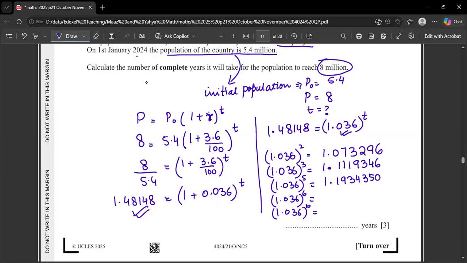Okay, what about when we have power 6? It's also in the chat. 1.2363 986. Okay, what about when we have power 10? It's in the chat also. 1.428714. Are we getting closer to this value, 1.48148?